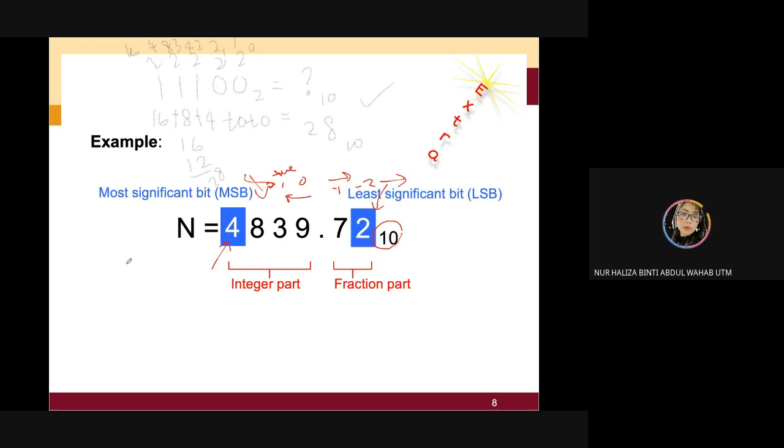Instead, in the question, it will directly ask you, what is the value of MSB? Or maybe what is the value of your LSB? So that is the kind of question that might be asked.